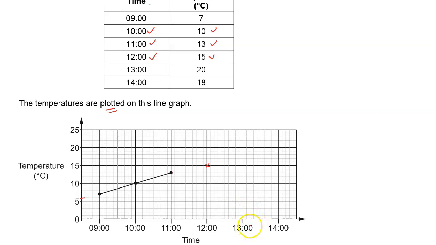Then at 13 o'clock, that is 1, the temperature was 20. 20 is right there. Then at 1400 hours or 2 p.m., the temperature was 18. So 18 is, this is 15, 16, 17, 18. 18 is right there.